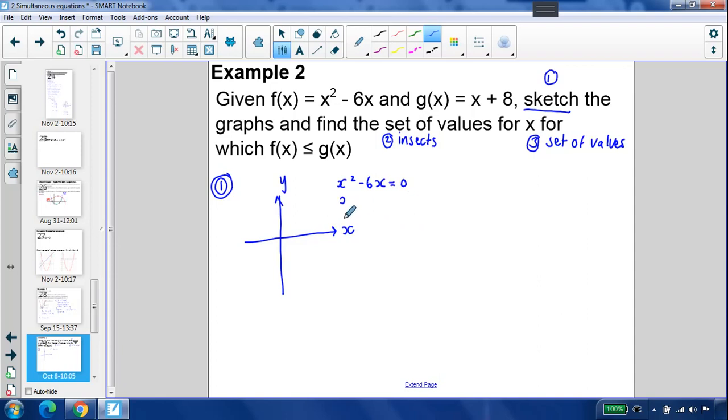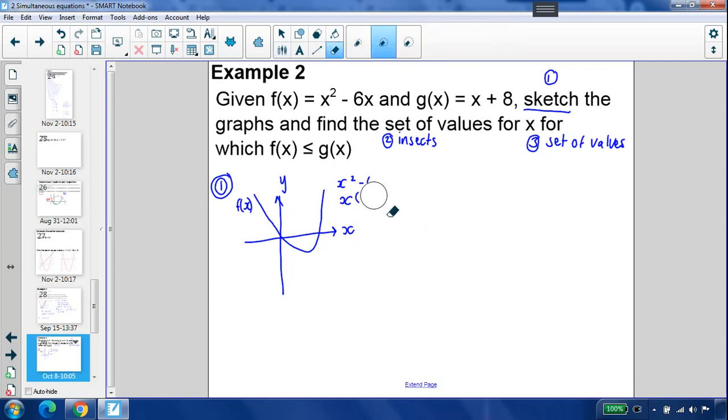And then I'm just going to factor out the x. So I'm going to have x minus 6 there as well. So x is either going to be equal to 0 or x is going to be equal to 6. So our sketch of f of x is going to look something like that. I'm a little bit tilted, but you will get the gist.